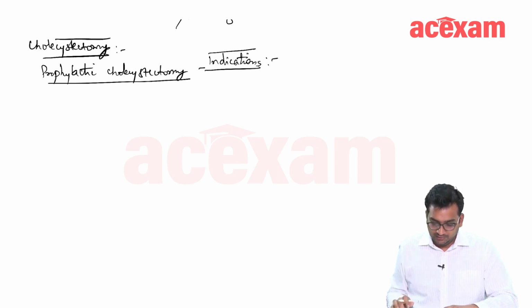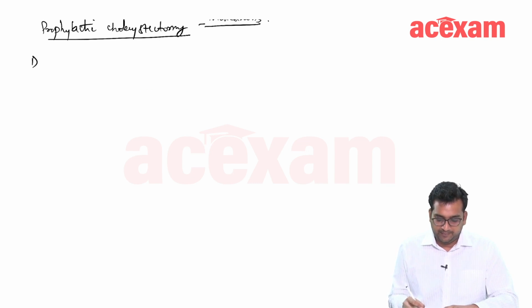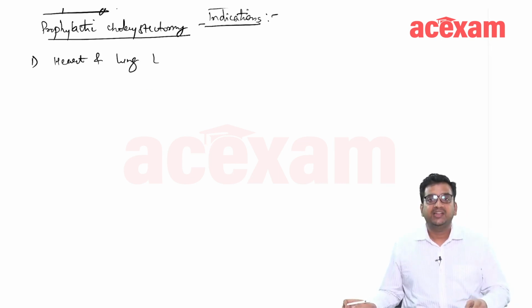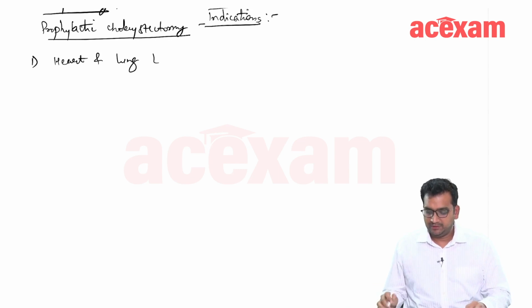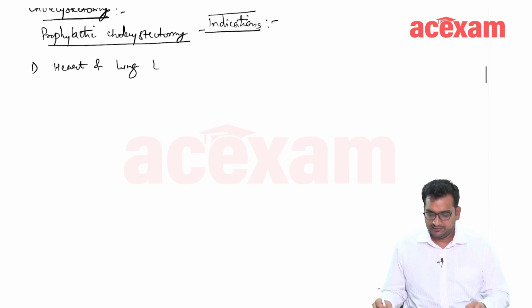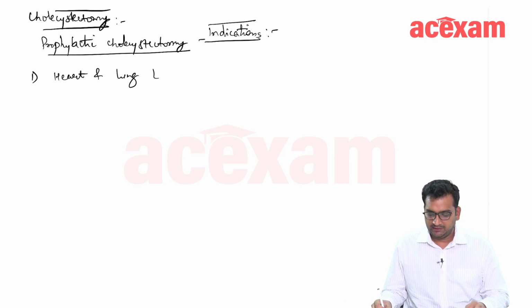Indications. So the indications for prophylactic cholecystectomy are: first is heart and lung transplant recipients.